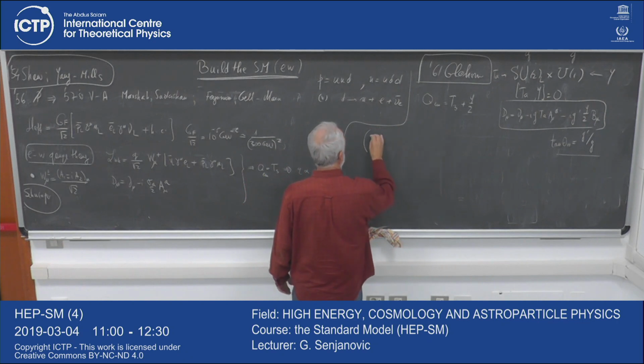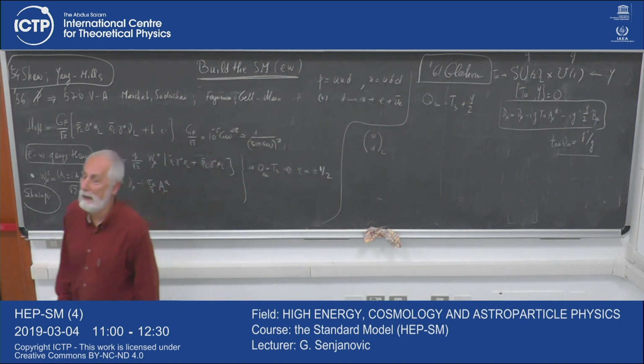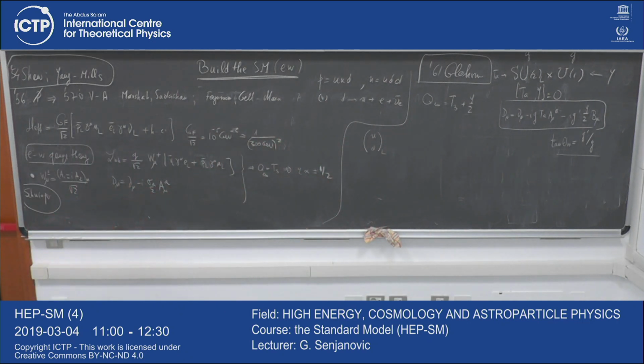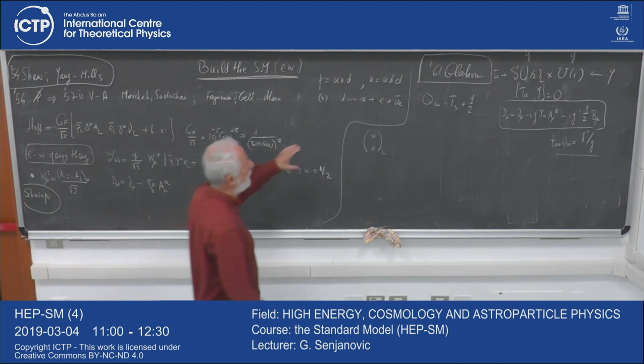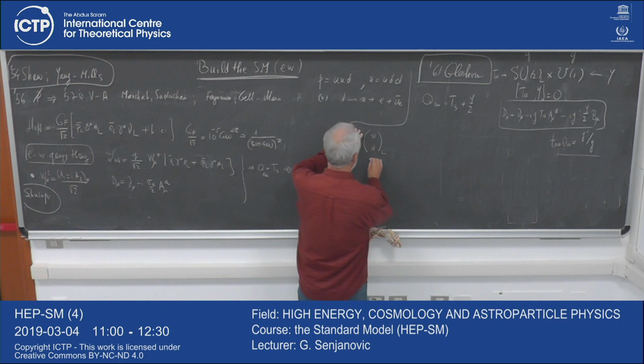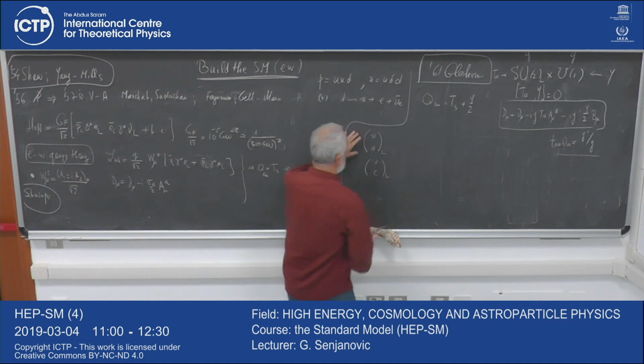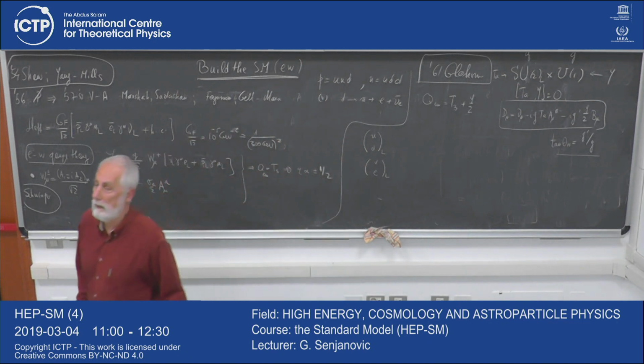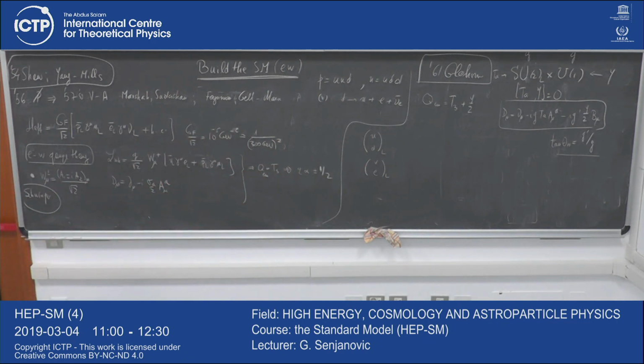And now you know what I mean that SU2 left means that up and down quarks, the doublet, must be left-handed. Only left-handed ones will couple to W. Nu and E doublet must be left-handed.